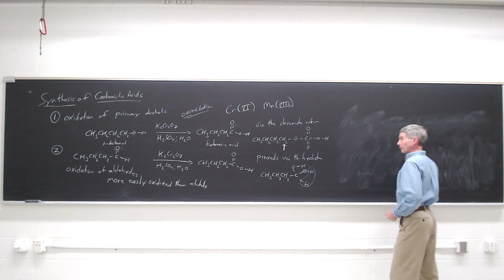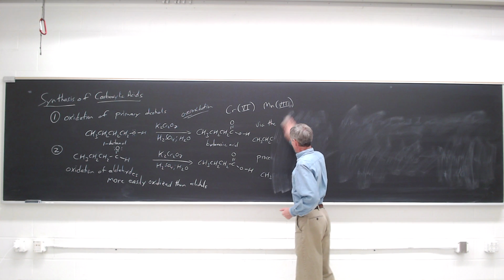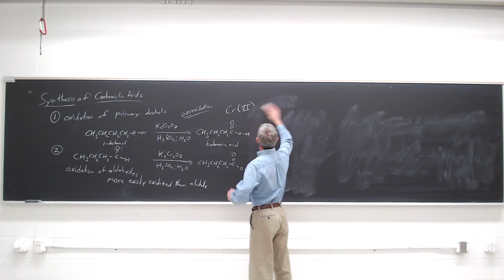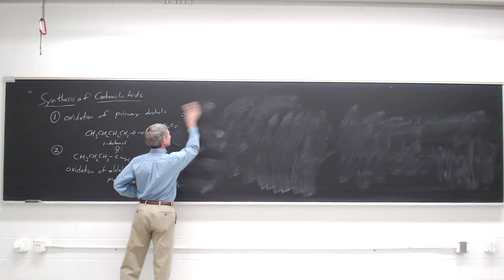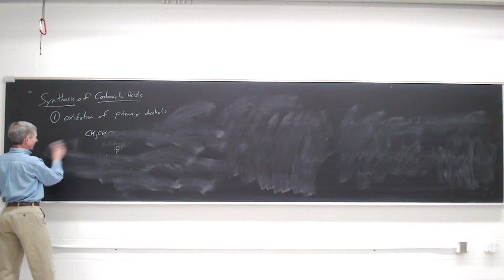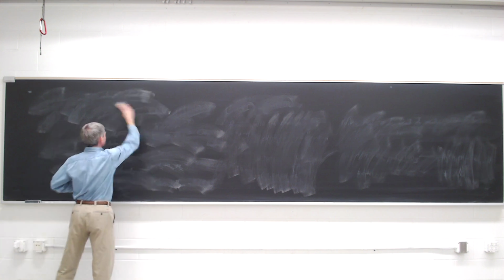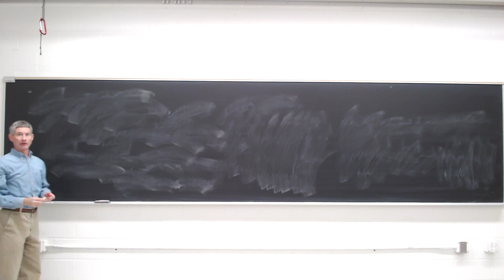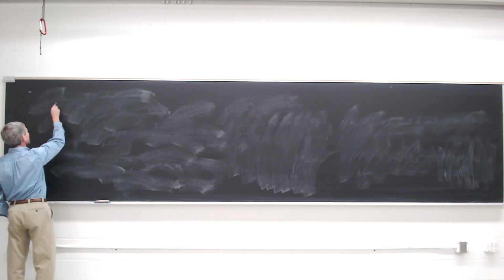When we were talking about production of aldehydes and ketones, the second method that we talked about was oxidative cleavage of alkenes. And in fact, oxidative cleavage of alkenes can be used to produce carboxylic acids as well, by simply changing the second step to an oxidative workup instead of a mildly reductive workup.